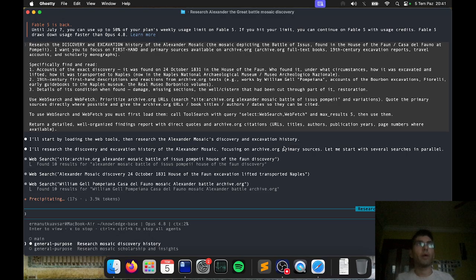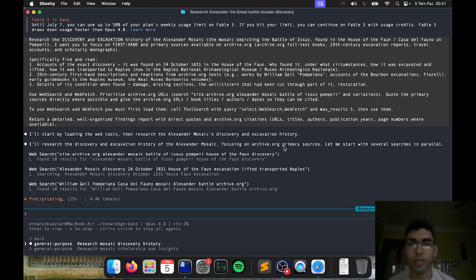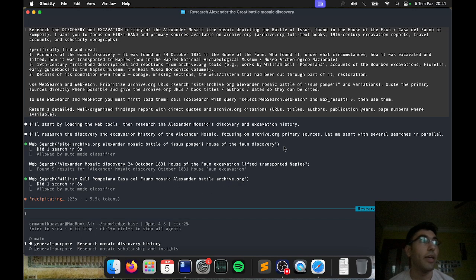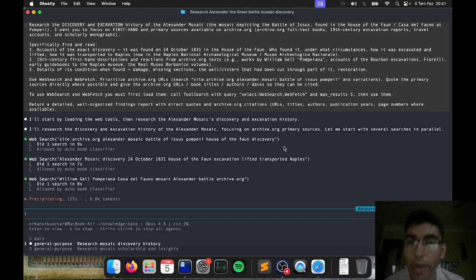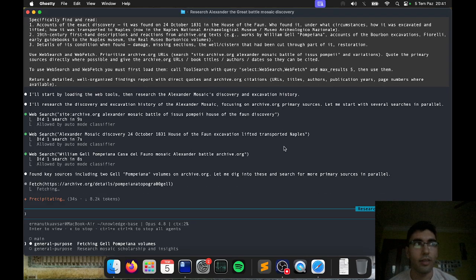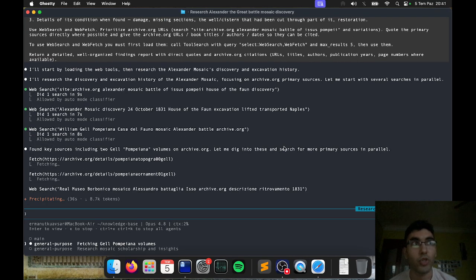I think that's the gold part, right? In the 1800s and 1900s, many archaeologists and explorers were logging everything, and those logs became books. That's why we can have first-hand sources of what happened when they were excavating.